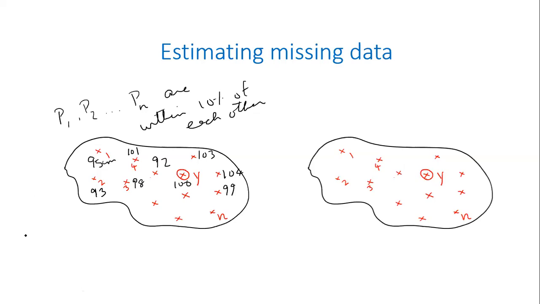I say that the precipitation at location Y will simply be the arithmetic mean of all the other stations, if I know that usually these locations all get rainfall within 10% of each other.